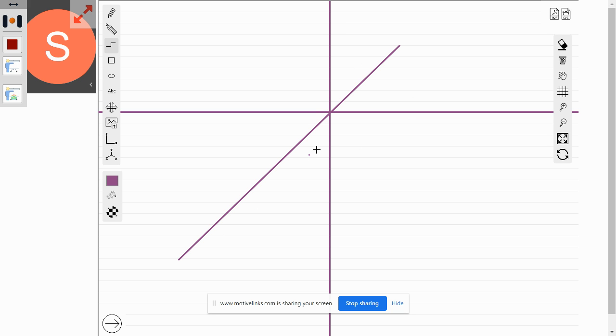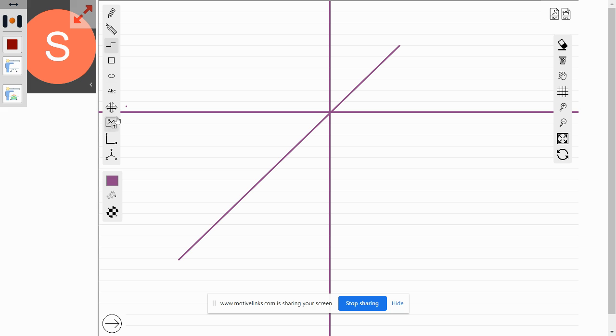So right here on this line, there's another way to find the slope. Now, you guys can tell the slope is 1, but we're going to find another way to do this.